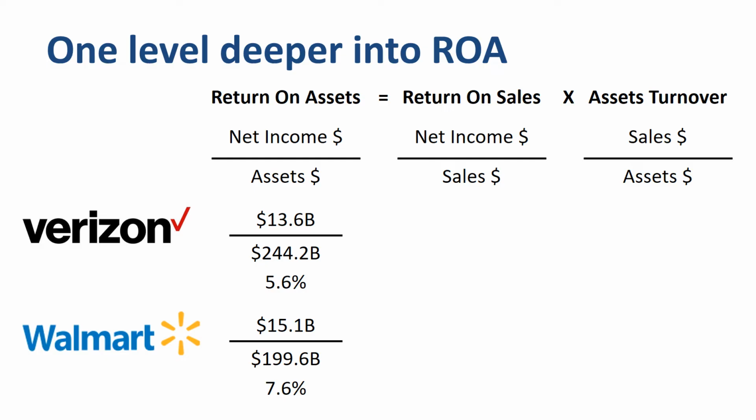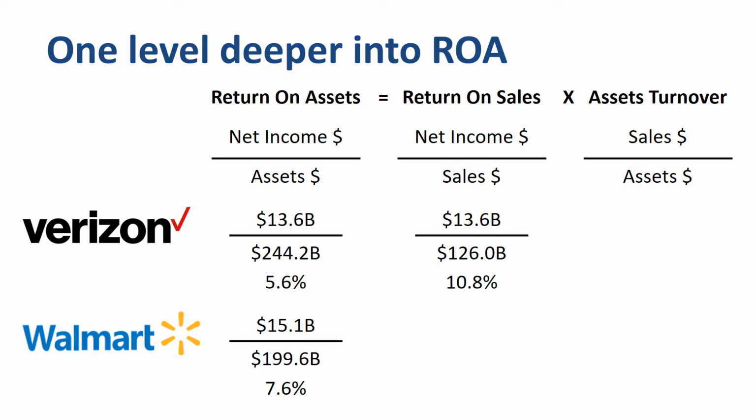Now let's calculate ROS, return on sales, which is net income over sales. Sales, just like net income, is something we find on the income statement. Verizon's revenue or sales in 2016 was $126 billion. So the ROS is $13.6 billion in net income divided by $126 billion in sales is 10.8%.